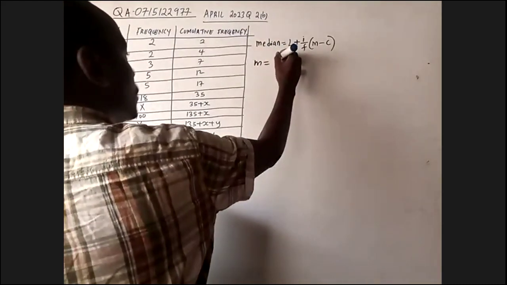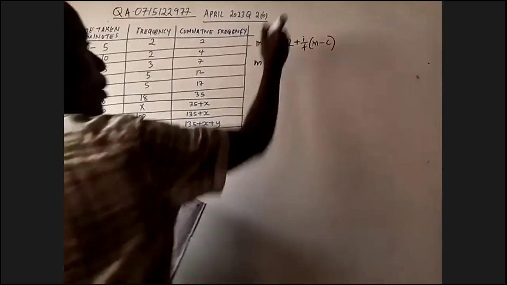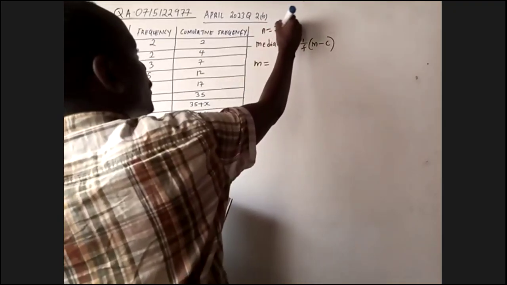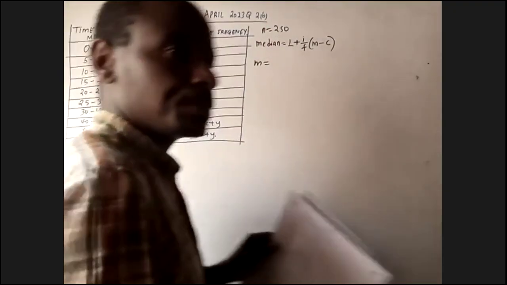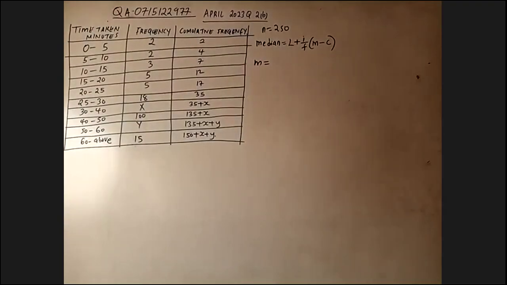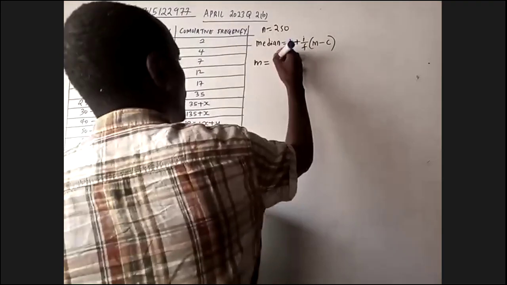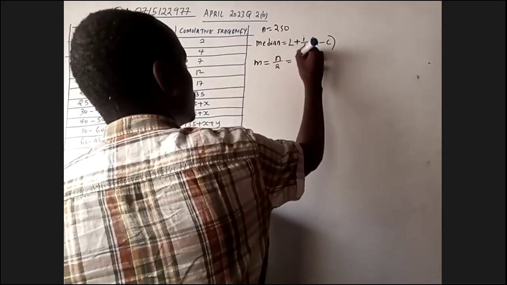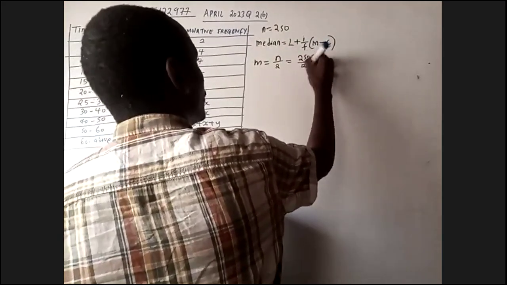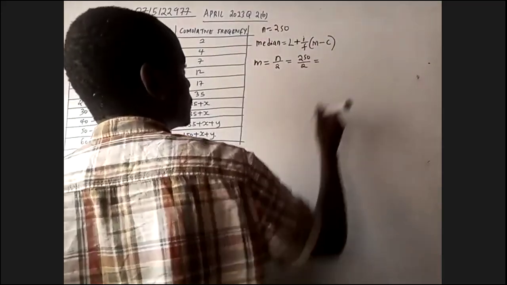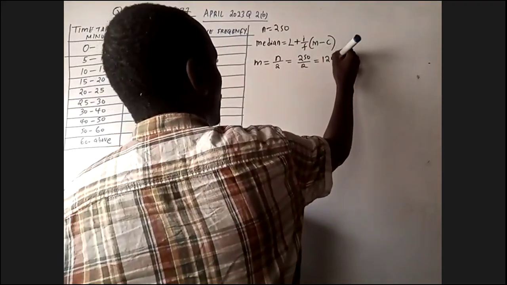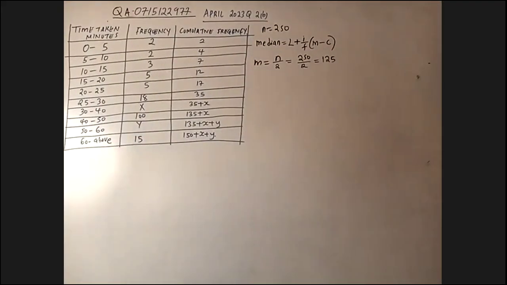Looking at our total number, N is 250. Is that correct? Yes. So it will be N over 2, meaning 250 over 2, which is 125.